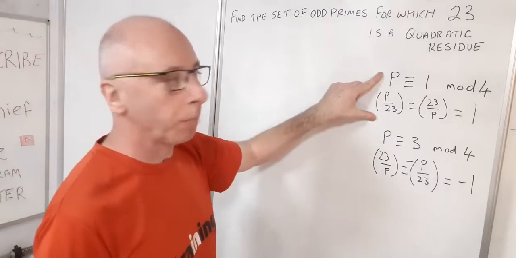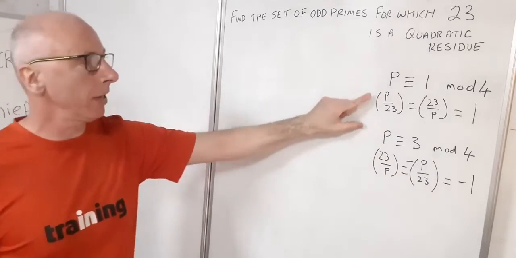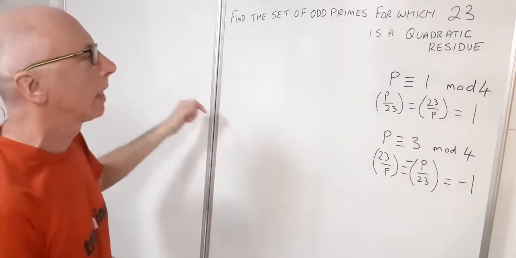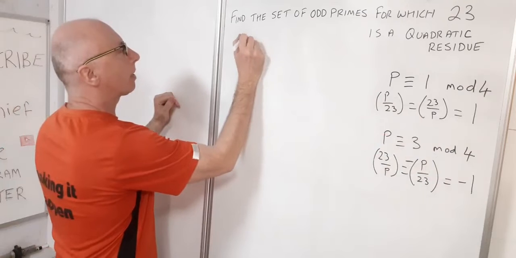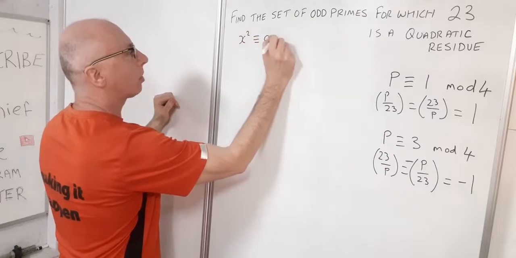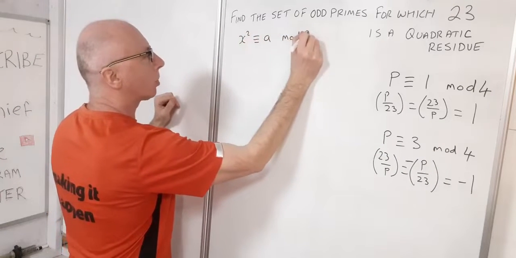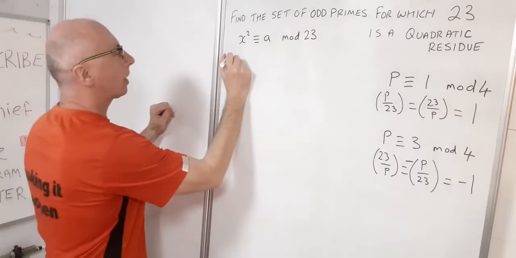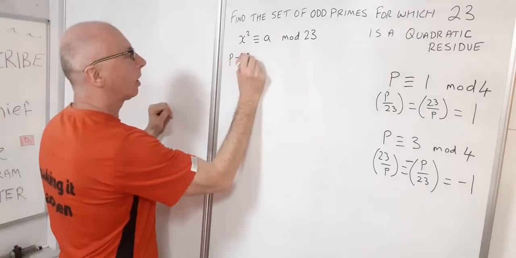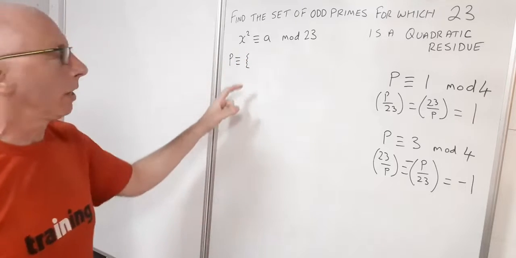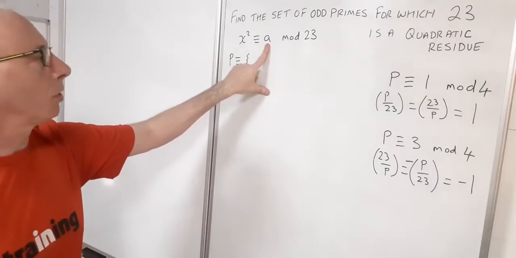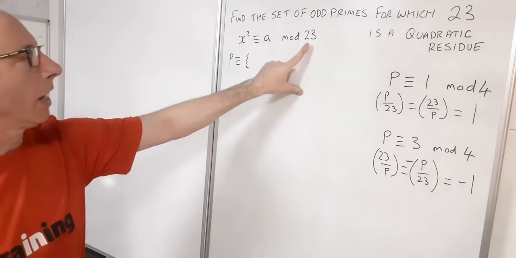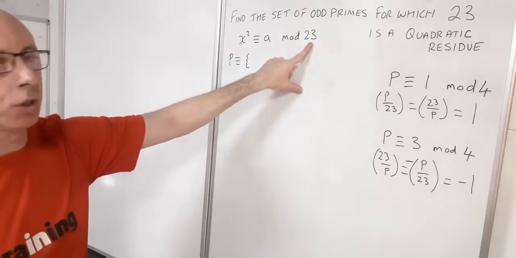Okay, so let's use this P congruent with 1 modulus 4 and this Legendre symbol, which is telling us that we have our quadratic residues. So what we need is a solution to x squared congruent with a modulus 23. If we go through numbers from 1 to 11, that will give us our first half, and then the non-residues will be 12 to 23.